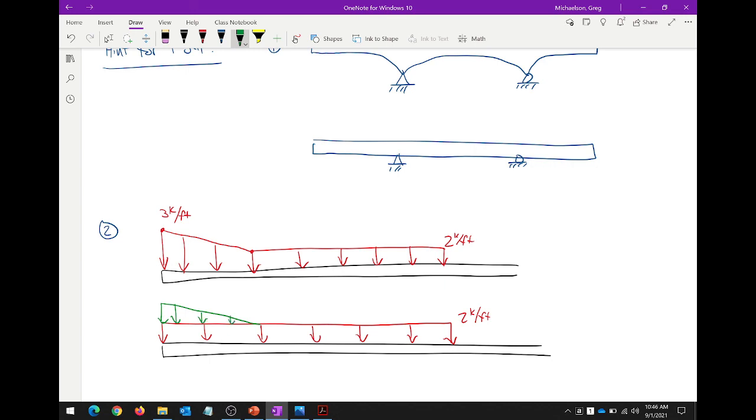And the magnitude of this load is 1 kip per foot. The reason it's 1 kip per foot is that if this is 2 and that's 3, then that difference is 1. Does that make sense?